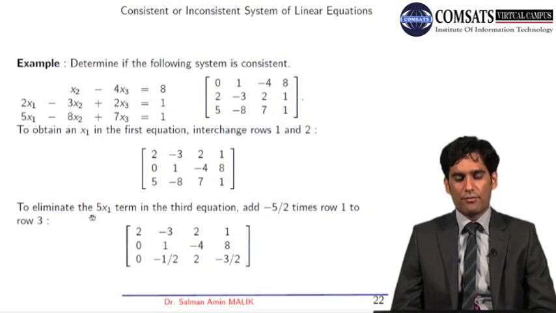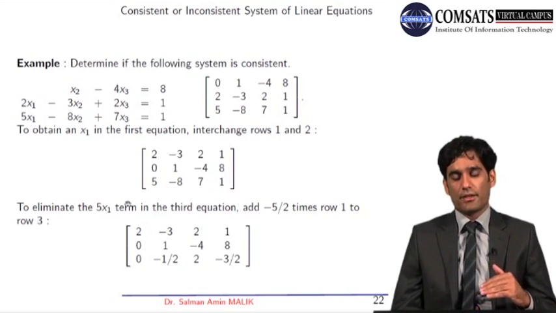To eliminate the 5x1 term in the third equation, add minus 5 by 2 times row 1 to row 3. And row 3 has been replaced by the answer we get by multiplying minus 5 by 2 to R1 and adding to R3.